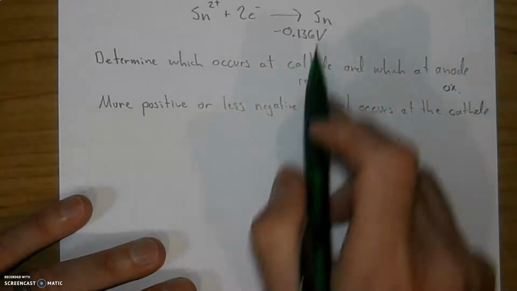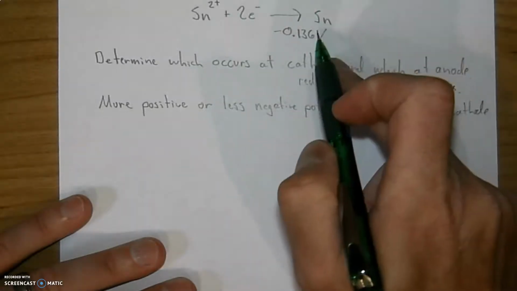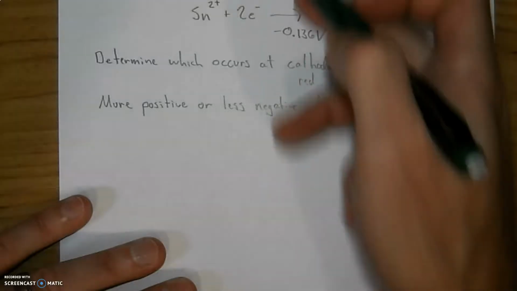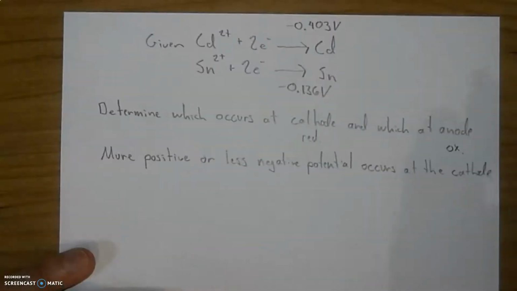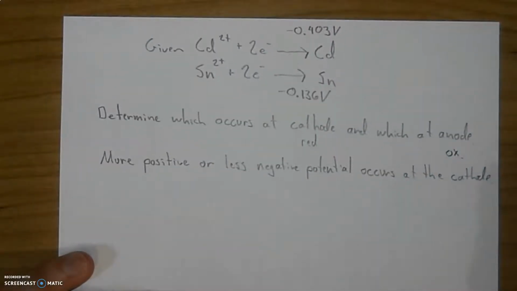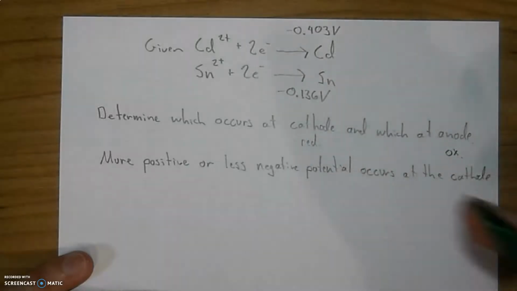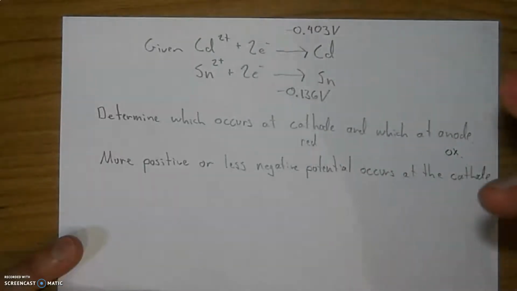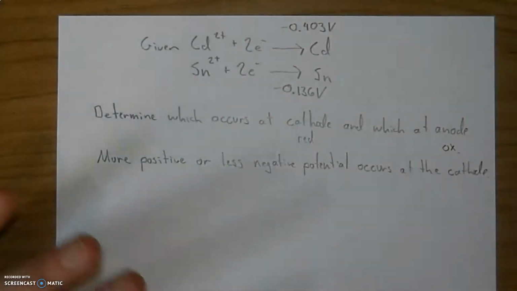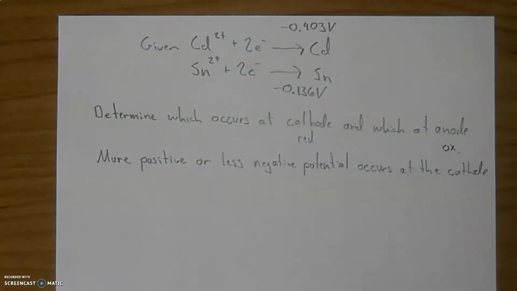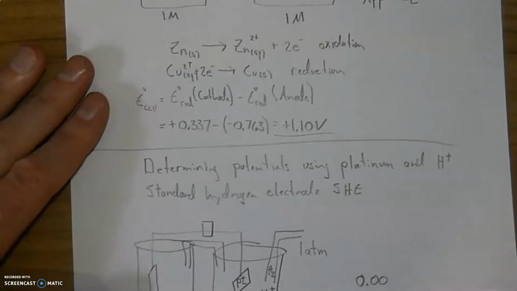So whichever value is less negative or more positive, regardless of the fact they're both negative, whichever one is more positive will be at the cathode. So remember in the previous conversation we were looking at the equation, I'll pull it up over here again.